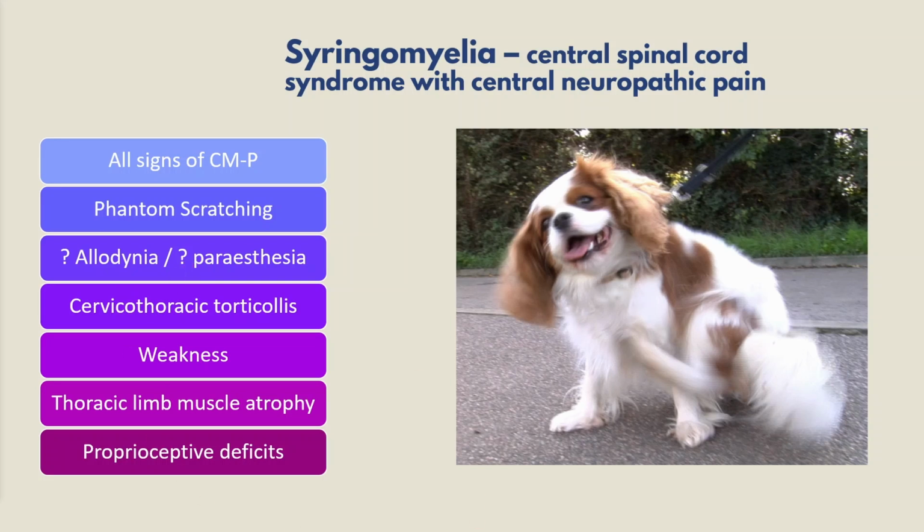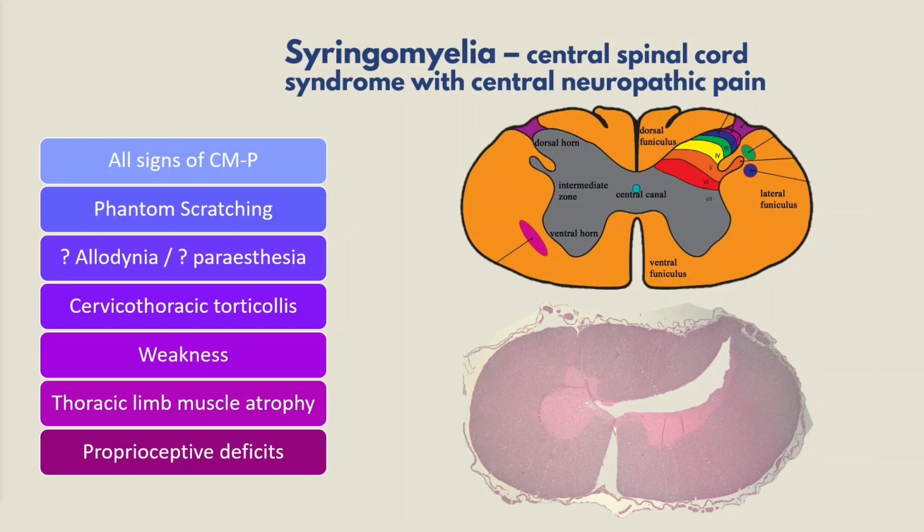And often these signs, the phantom scratching and the allodynia and paresthesia, are associated with damage to the dorsal horn. So the dorsal horn is the part of the spinal cord which takes in sensory information like touch and pain, and it's integrated through this area, then goes up to the higher processing centers.